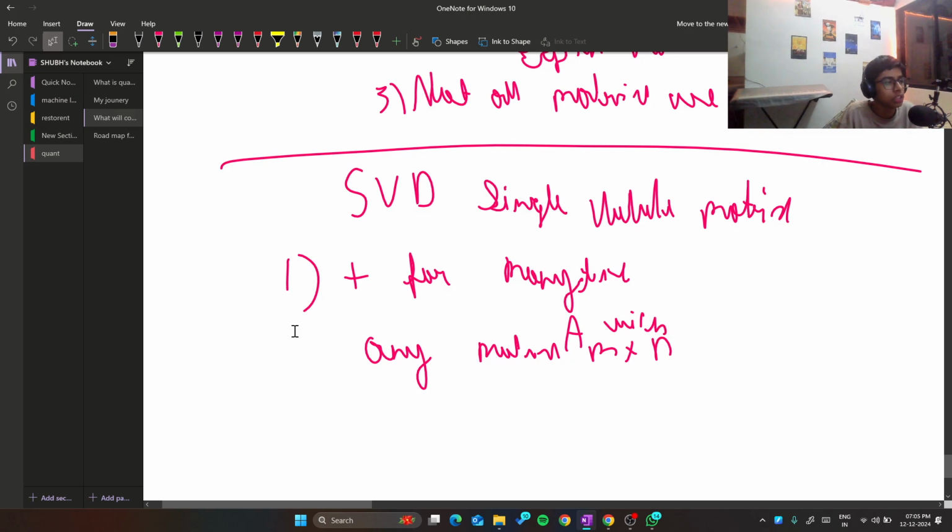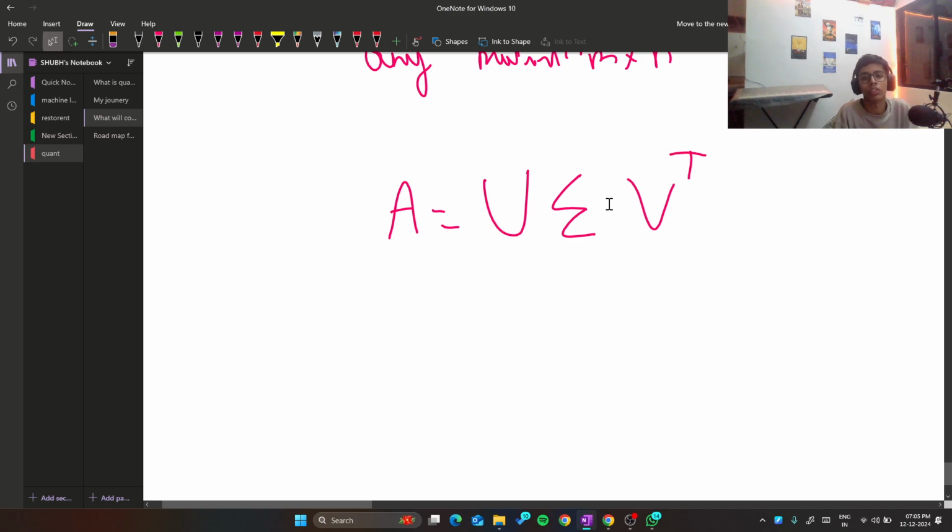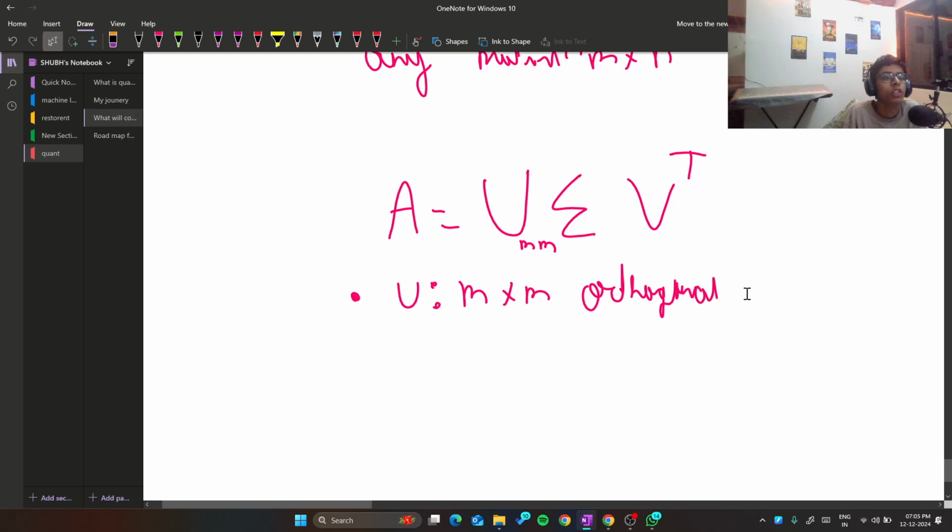Its formula is matrix A equals U sigma V transpose, where U is an m into m orthogonal matrix. Orthogonal matrices are matrices where, if we multiply one with its transpose, the identity matrix is the result.